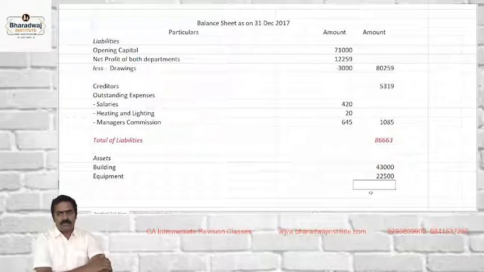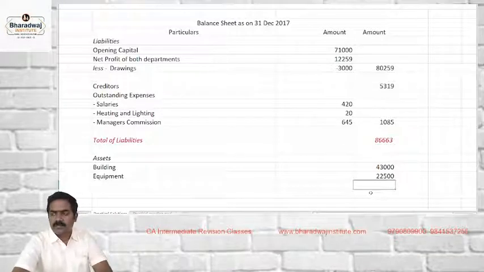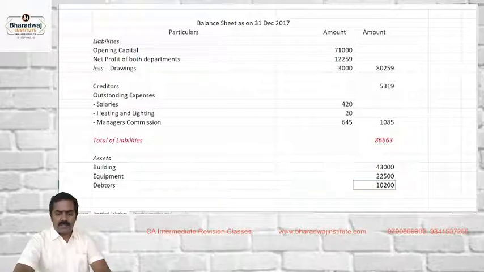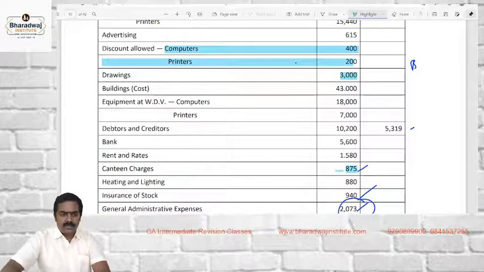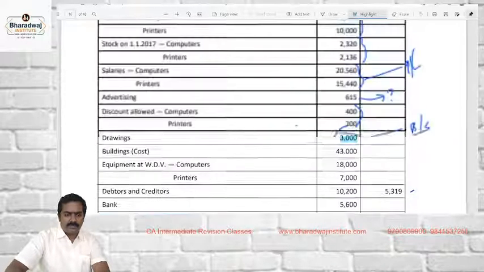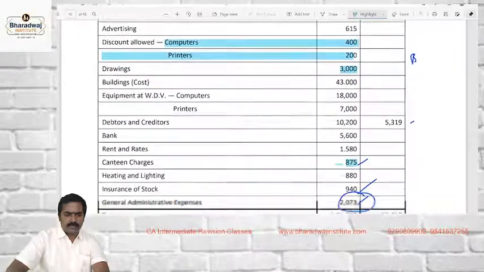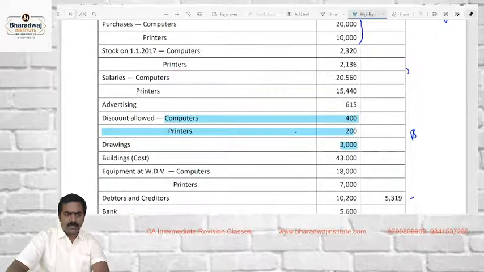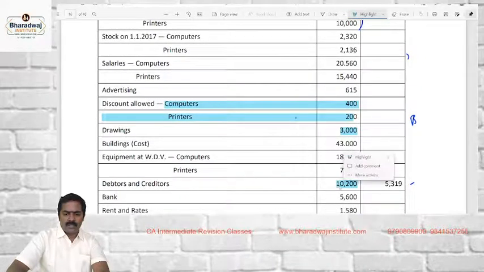Then what is the next one? Debtors minus provision for bad debts, if there is any. Debtors 10,200.